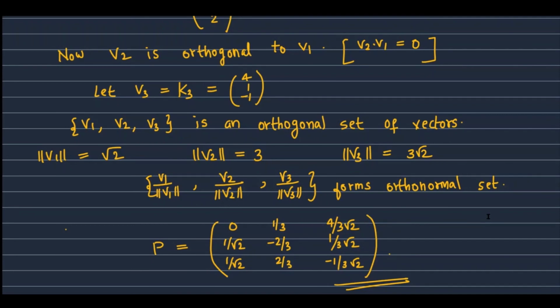So for a real n by n symmetric matrix, even if the eigenvalues are repeated, we can choose K1, K2, K3 in such a way that the eigenvectors are orthogonal. So in fact, we need to use the Gram-Schmidt process only if the given matrix is not symmetric. So if the matrix is not symmetric, we can use the Gram-Schmidt process.